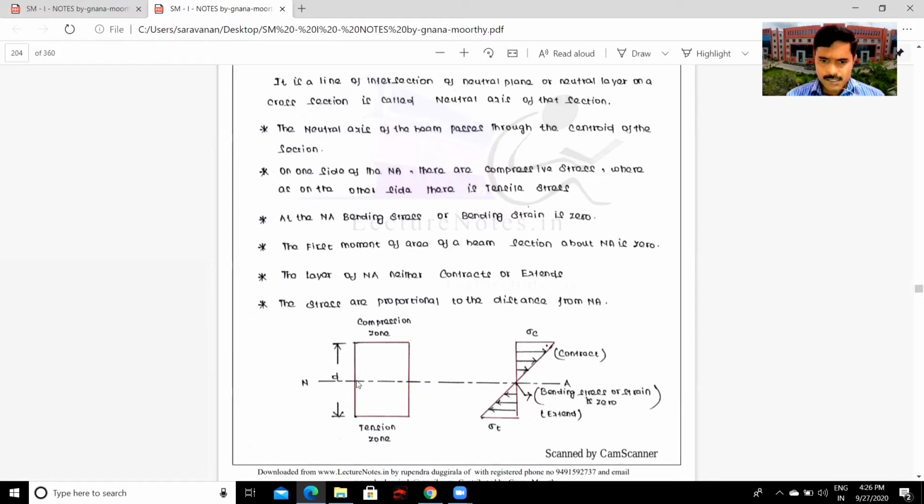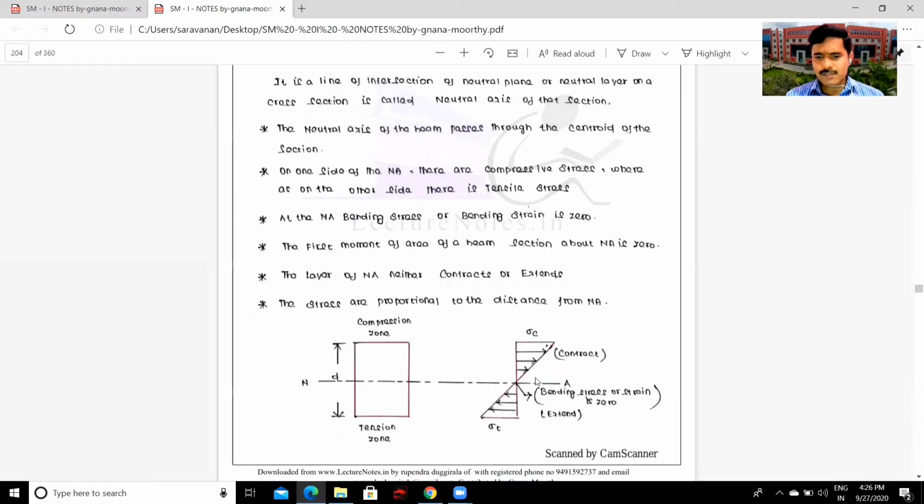So at this neutral axis, the bending stress or the bending strain value will be 0. At this neutral axis point, the bending stress value will be 0. So M by I is equal to sigma by y equal to E by R. Here the bending stress sigma is directly proportional to the distance y.